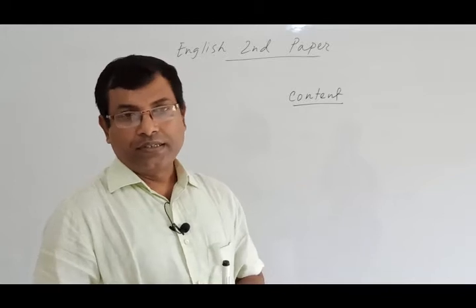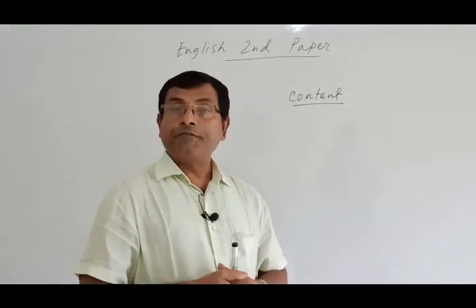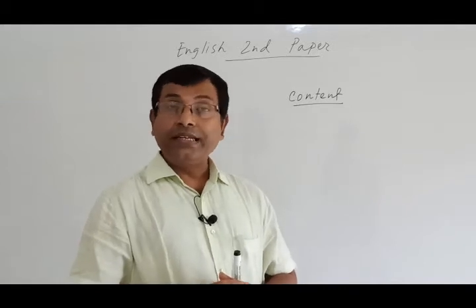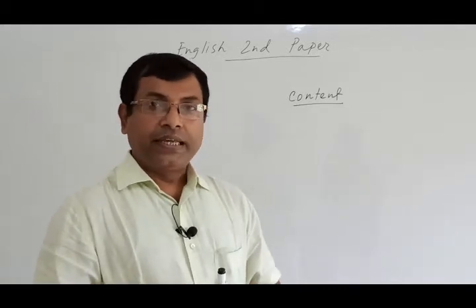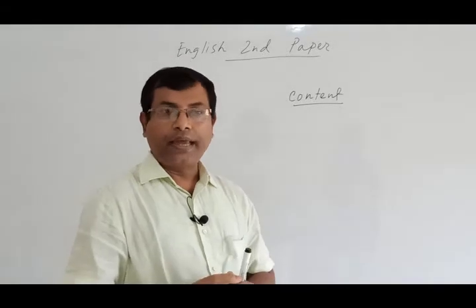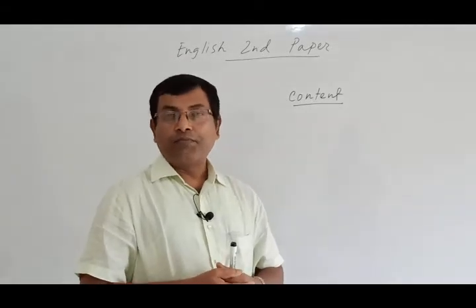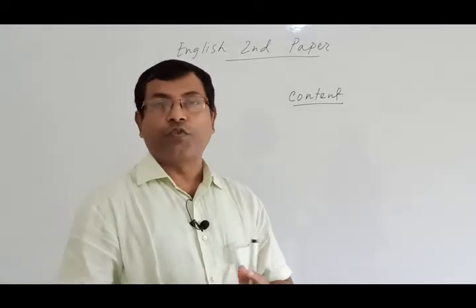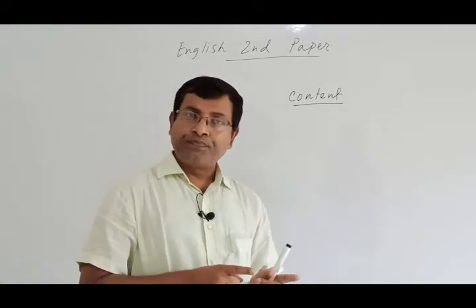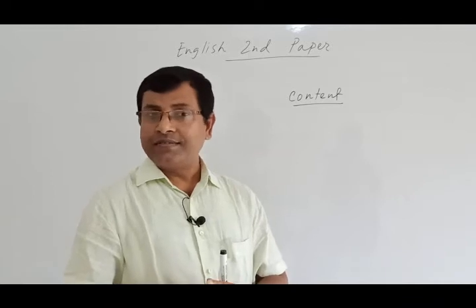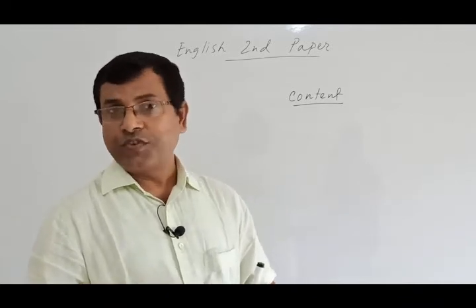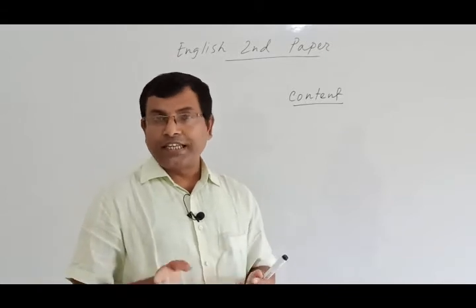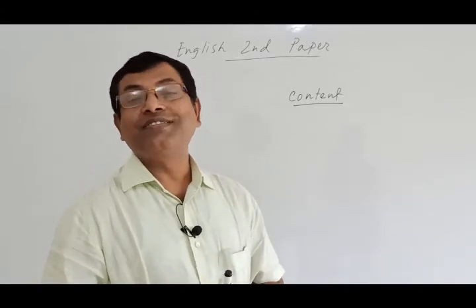in this topic. Suppose a student can produce 8 relevant ideas in his composition, and another student produces just 6 relevant ideas in his writing, then the student producing 8 ideas in his writing is going to get more marks than the student who produces only 6 ideas.